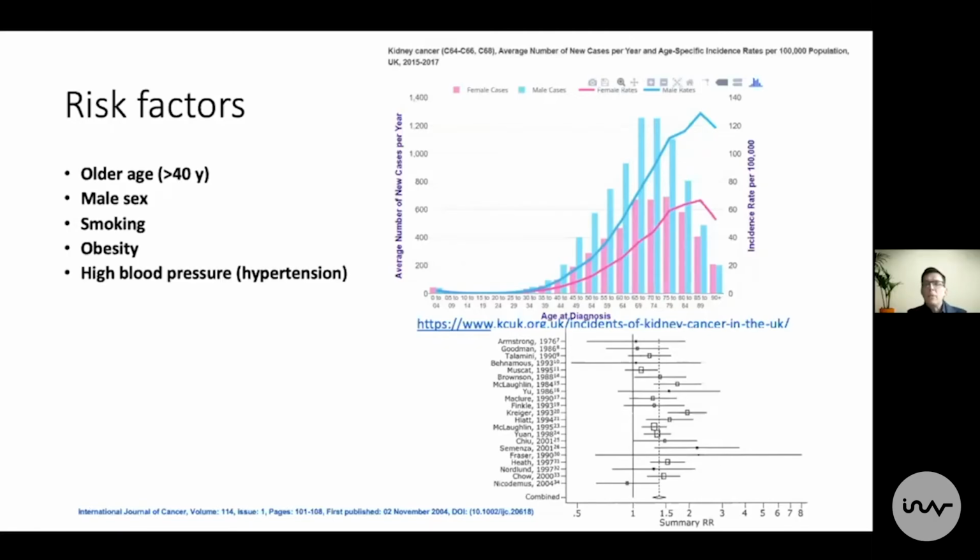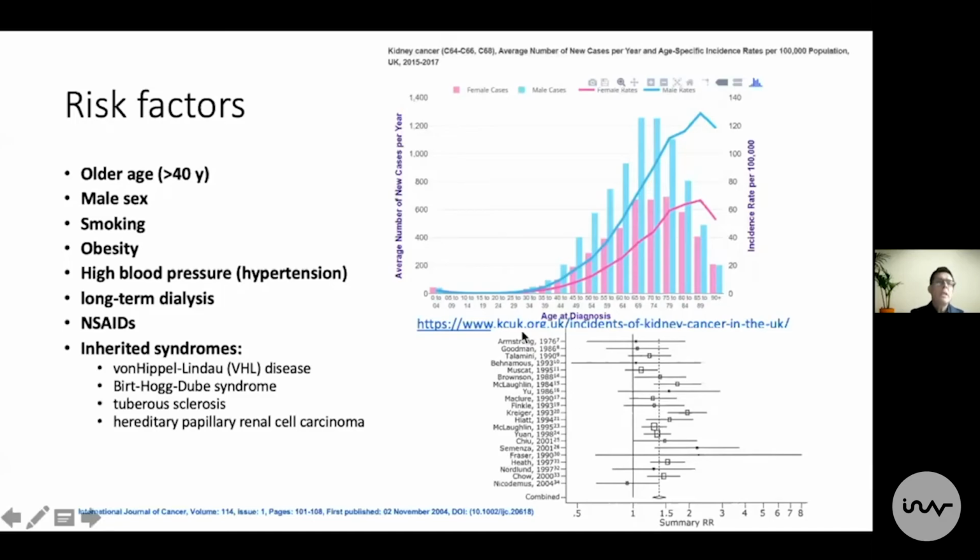Also, for body weight, there is a linear correlation between body weight and renal cancer risk. And diseases involving the kidney also elevate the risk of renal cancer, such as high blood pressure or renal failure with long-term dialysis, or non-steroid anti-inflammatory drugs, which can also induce hypoxia of the kidney and renal disease.